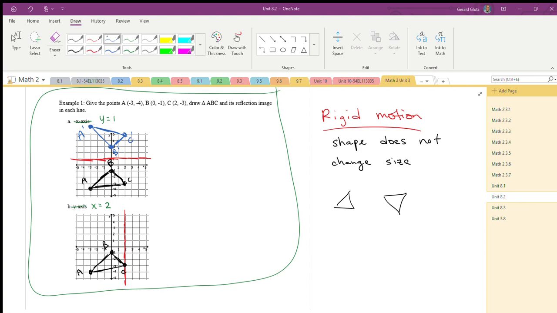So I'll start with B. It doesn't really matter which one you start with. B is 2 to the left of this red line, so that means the new one's going to be 2 to the right. A is 1, 2, 3, 4, 5 to the left, so I have to go 5 right, somewhere over here. C is 0, because it's on the line, so it's going to just stay on the line. So B prime, C prime, and A prime. So that's how you reflect over different lines.